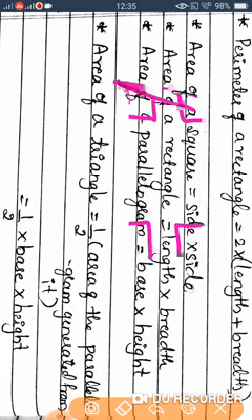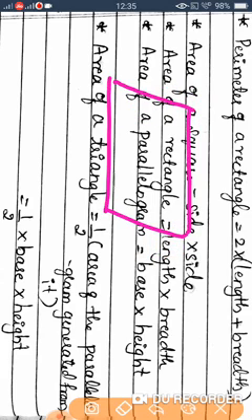Parallelogram means opposite sides are parallel to each other. It doesn't have any condition for angles, equal or not. Other conditions you can study in further classes. So opposite sides are parallel and equal.